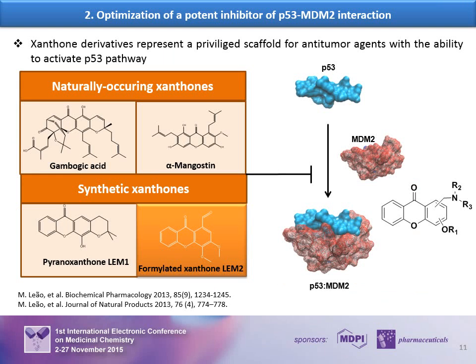So the second project consisted in developing a library of aminated xanthones by the one-pot conversion of our hit compound that we call Lem2 using a reductive amination. We had already experience in the discovery of inhibitors of p53-MDM2 based on this scaffold with interesting results, both from natural and synthetic products.